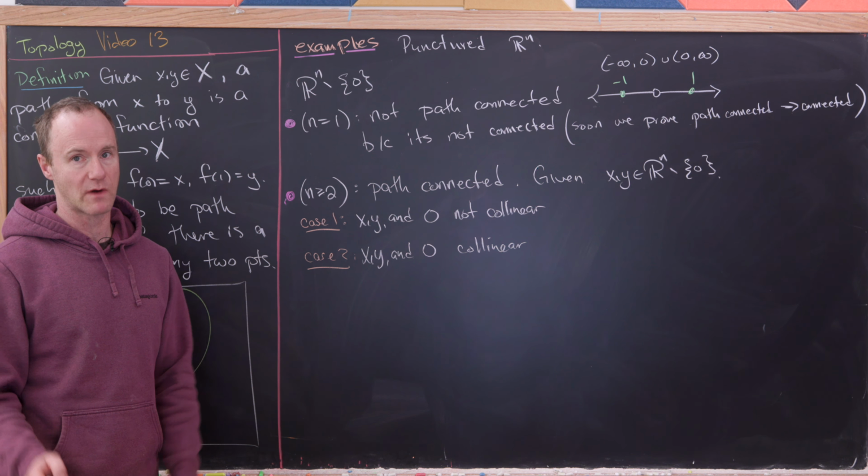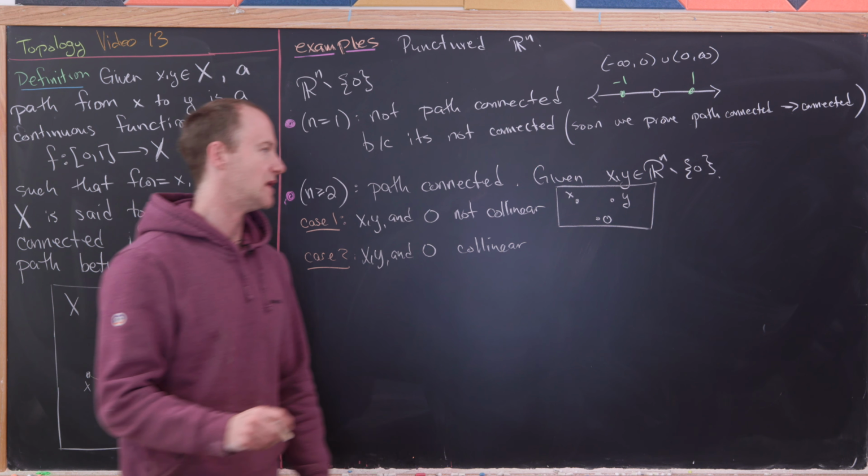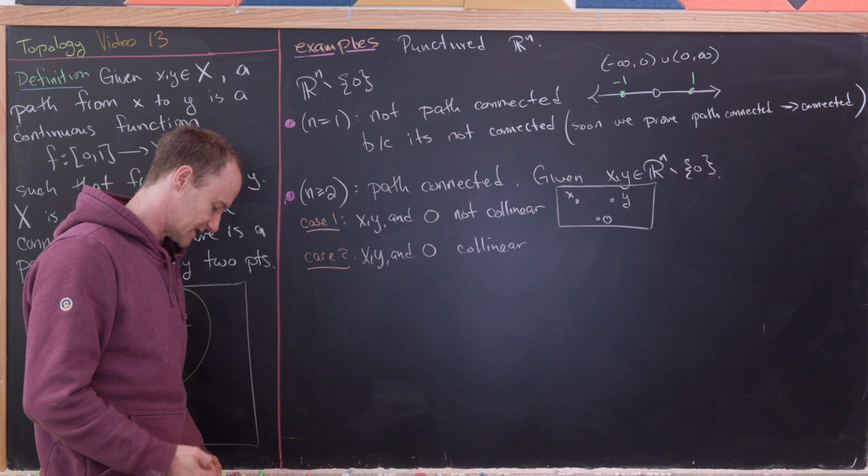So let's say we're given X and Y in this punctured space, and we're going to break this into 2 cases. The first case is if X, Y, and 0 are not collinear. And so just as a brief picture here, let's say that means that X, for instance, is here, Y, for instance, is here, and then 0 will be down here. Not being collinear means that they do not lie on a single line.